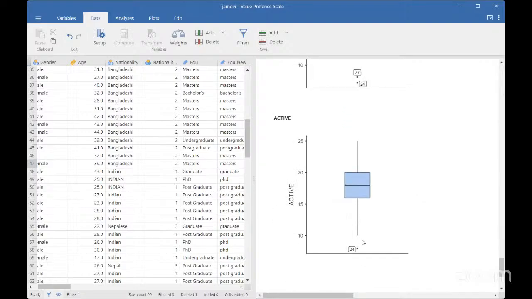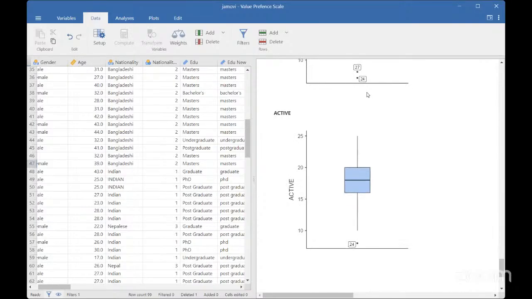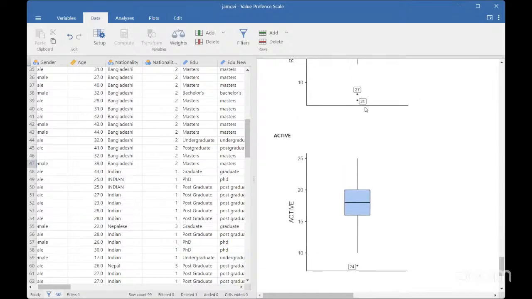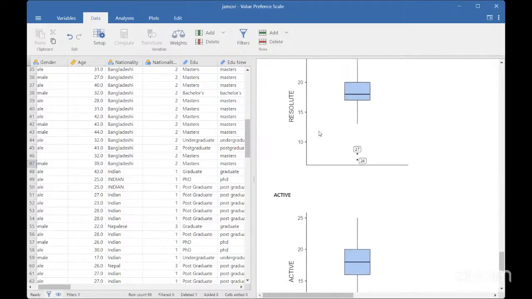That is 24. Active has an outlier, this 24. Only one individual is an outlier. But this individual is also an outlier in the case of resolute. 24. Okay.